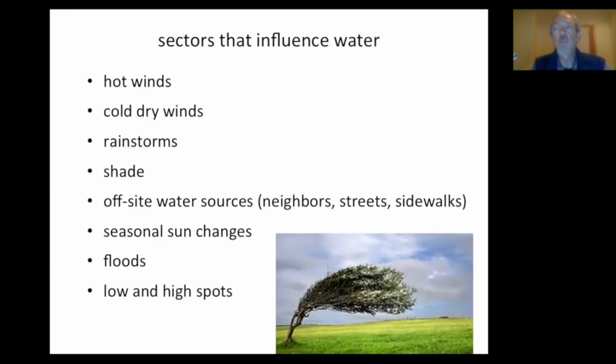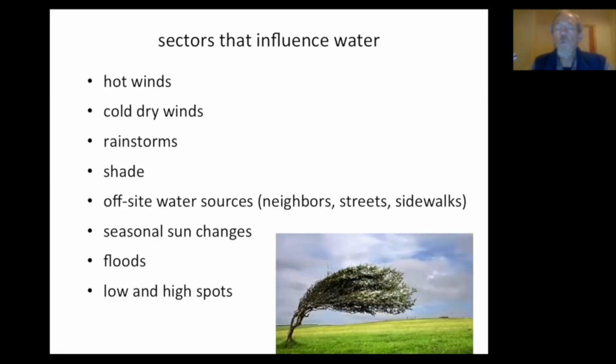You don't think of things drying out in winter, but in those high dry climates that are windy, that is absolutely a factor. And then rainstorms would be a sector coming from outside. Shade, your neighbor's house or a tree that you aren't going to cut down, you could think of that as a sector because you can't really do much with it.